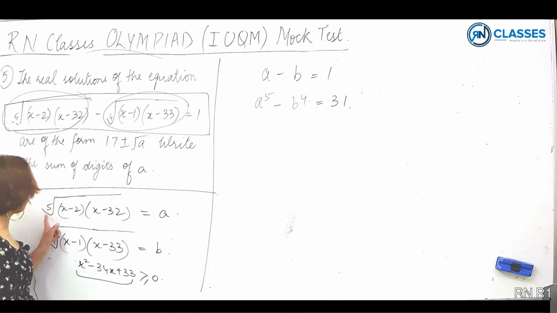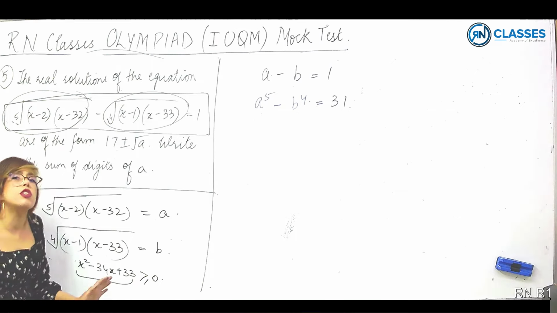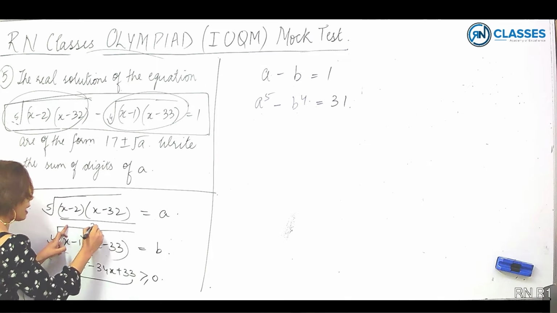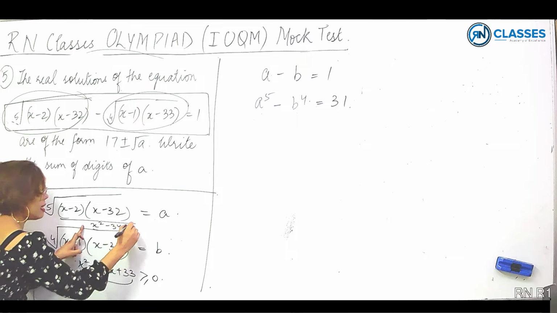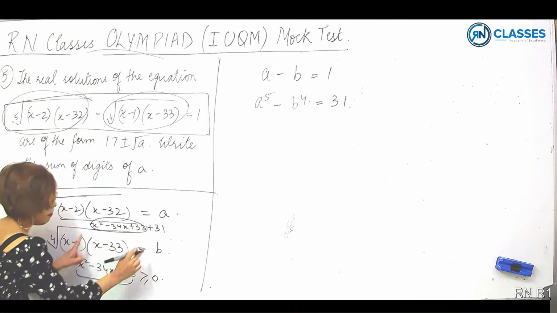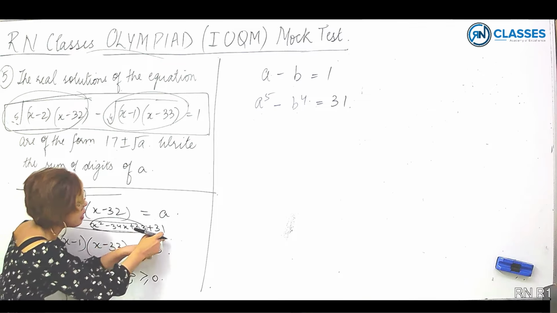Now let's look at this. This is the fifth root, and again a fifth root can be positive or negative. But careful, this term is nothing but x square minus 34x plus 33 plus 31, and this is a positive quantity, as we have established, plus 31.